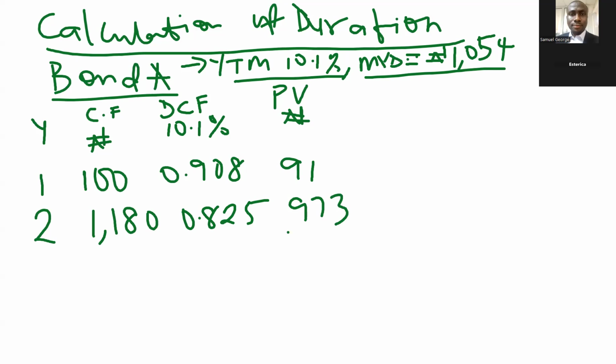Add everything together: 973 plus 91, 1,164, a bit close to the market value of the debt.